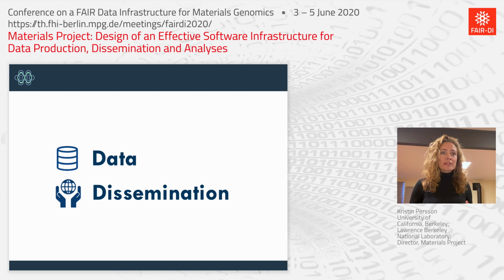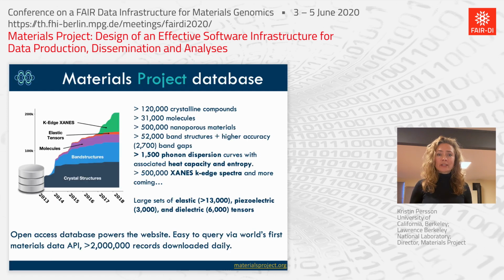I'll talk a little bit about data and dissemination. The current available data on the Materials Project is something like 128,000 crystalline compounds. We also have molecules and nanoporous materials. But the most important aspect of what we're doing is that we're focusing a lot of our effort on calculating properties of materials. So over 50,000 band structures, over 1,000 phonon dispersion curves with heat capacity and entropy associated with it.